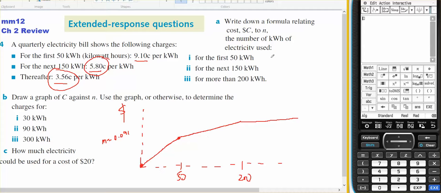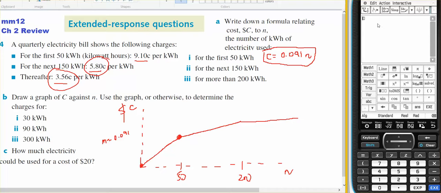So for the first 50 kilowatt hours the cost is going to be C equals 0.091 n, where n is the number of kilowatt hours and C is the cost. So that's going to be my rule. I'd like to find out what this coordinate here is.